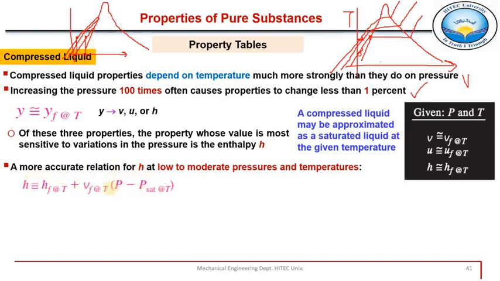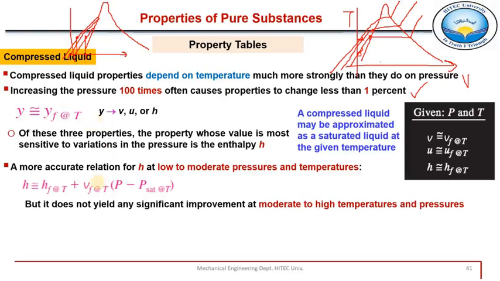So we can use this equation to find out enthalpy, but in most cases we can simply say H is nearly equal to Hf at T. But for low to moderate pressures, from very low pressures to some moderate pressures in this region, we can use this equation for a more accurate value of enthalpy.